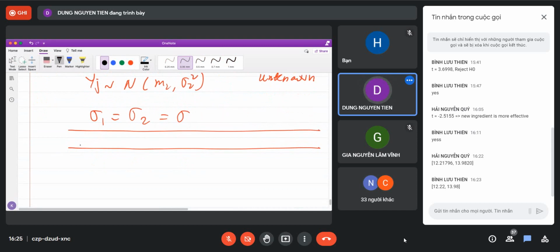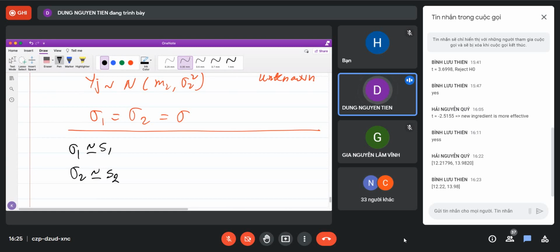For this case, you need to estimate sigma 1, that's for sure, right? And sigma 2. So you can approximate sigma 1 by S1, the sample standard deviation for the first group. Sigma 2, you can approximate by S2. But we have a problem here.